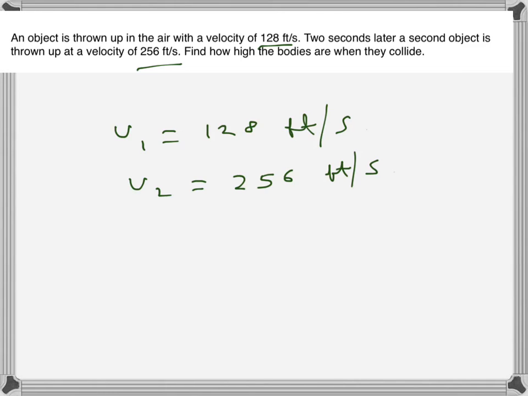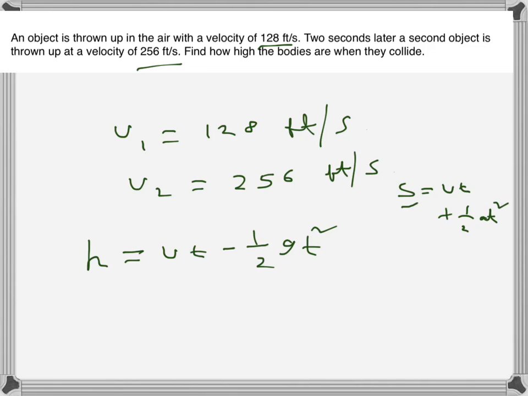Now we know the height. If we talk about height, the equation will be ut minus half gt square. So this is pretty much like the equation s equals ut plus half at square, but instead of s, this direction is upwards, so we use h, and the acceleration will be deceleration, because when we throw something upwards, because of gravitational pull, the velocity keeps decreasing, so it is deceleration.